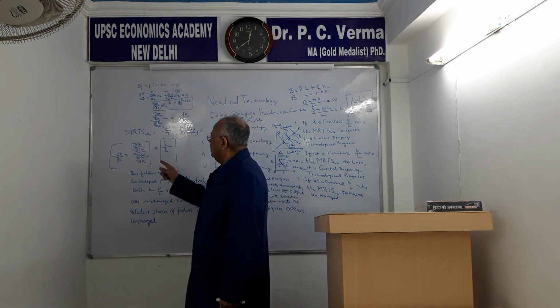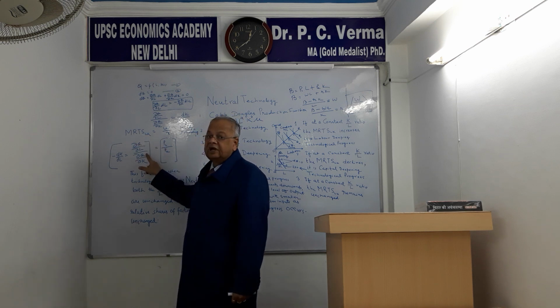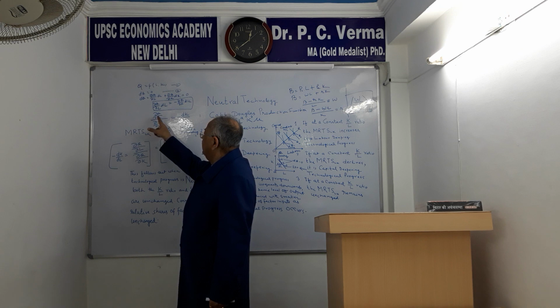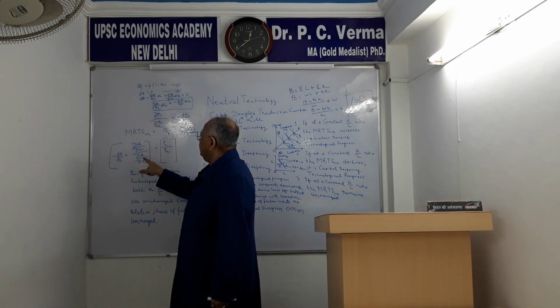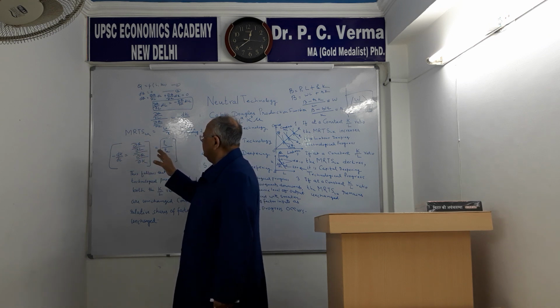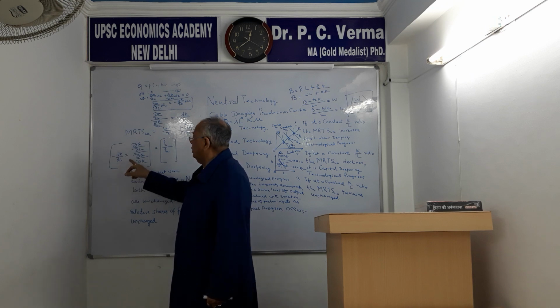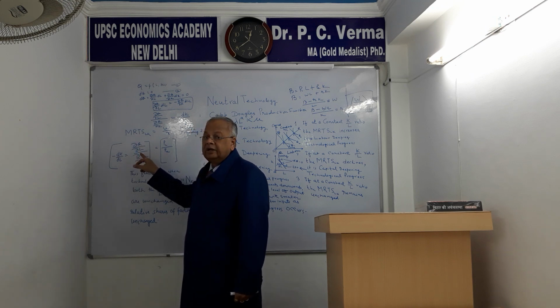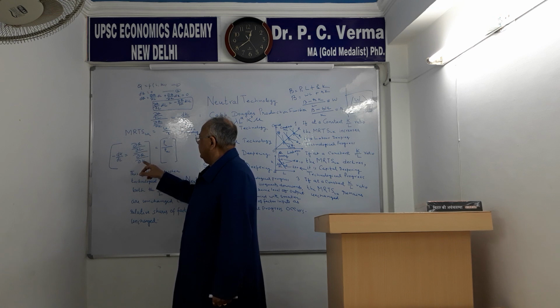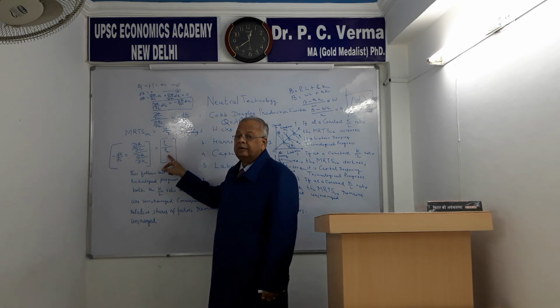Look here, MRTS is represented by this term, del Q by del L upon del Q by del K. So we can rewrite again: minus dK by dL is equal to del Q by del L upon del Q by del K, equal to PL by PK.